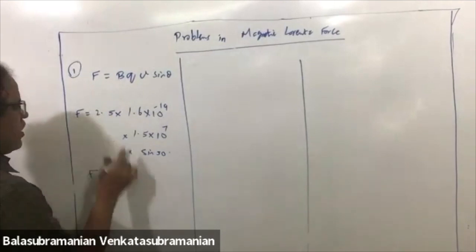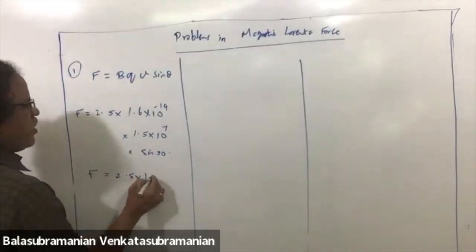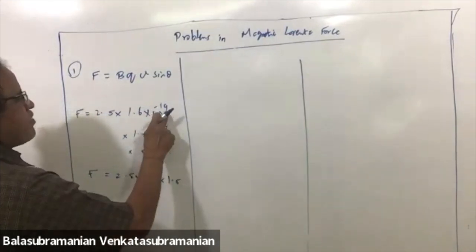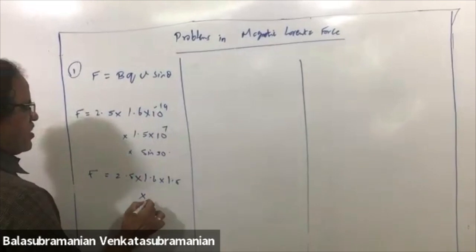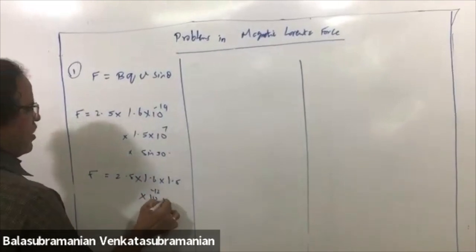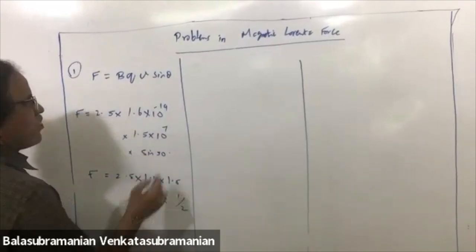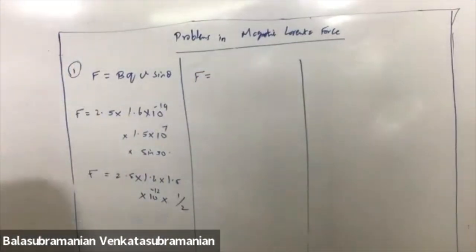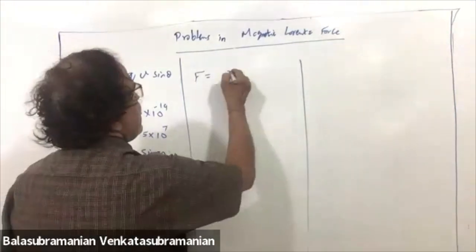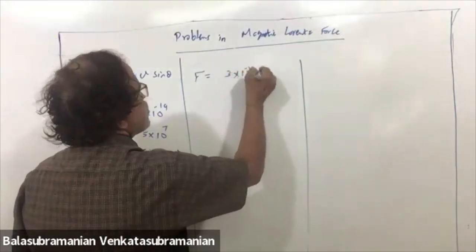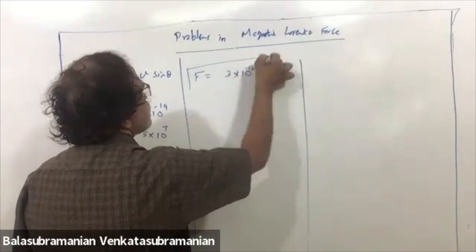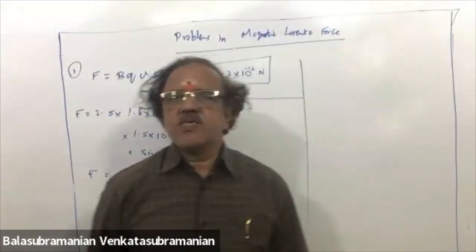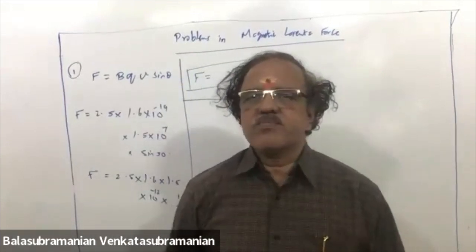So F will be 2.5 into 1.6 into 1.5, 10 power minus 19 times 10 power 7 is 10 power minus 12, sin 30 is half. Simplify this, you will get 3 into 10 power minus 12 Newton. Straight problem.